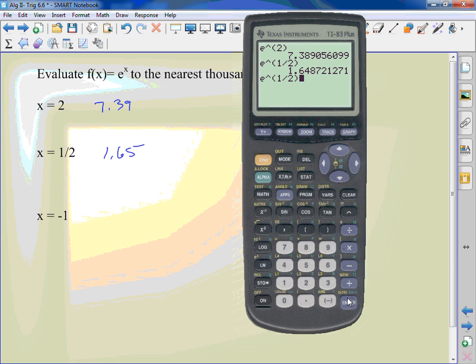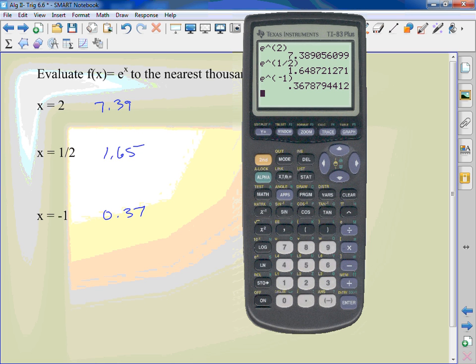And e to the -1, enter. I get 0.37. I know I only went out to hundredths. Questions? Oh yeah, I did say the nearest thousandth. Sorry.